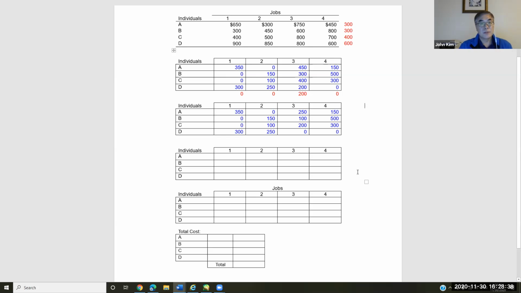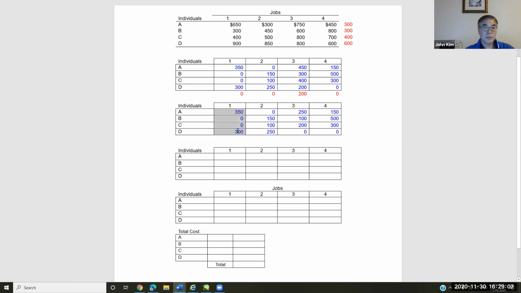The next step is using lines to cover all 0s, and I will use color to cover them. When you cover 0s on a column or row, if there are 2 or more 0s, then cover that column or row first.